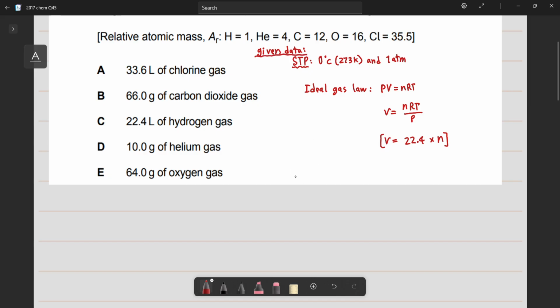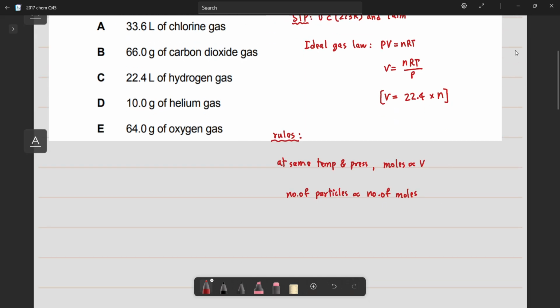What's the main rule we must recall in the relationship? At the same temperature and pressure, the moles are proportional to the volume, and the number of particles is also proportional to the number of moles.